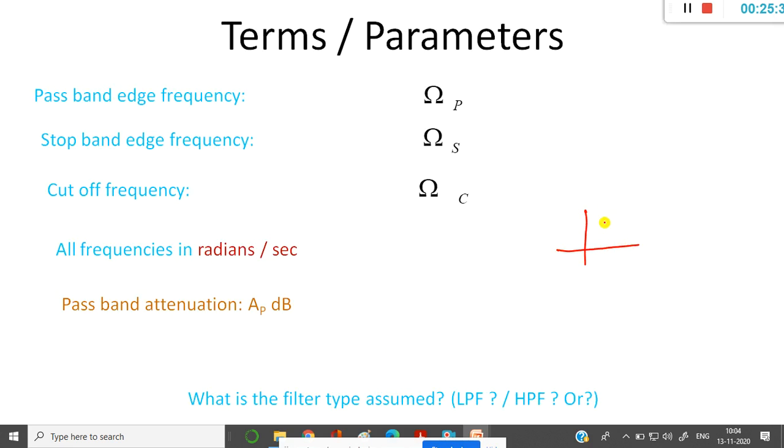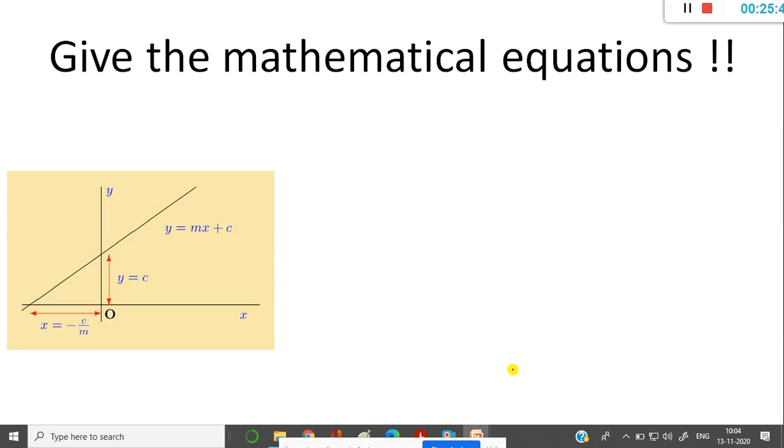Before moving to the mathematical equation for this, let me give you an analogy of how the mathematical equation is going to occur. Look at this: a signal with x and y axes consisting of a straight line.